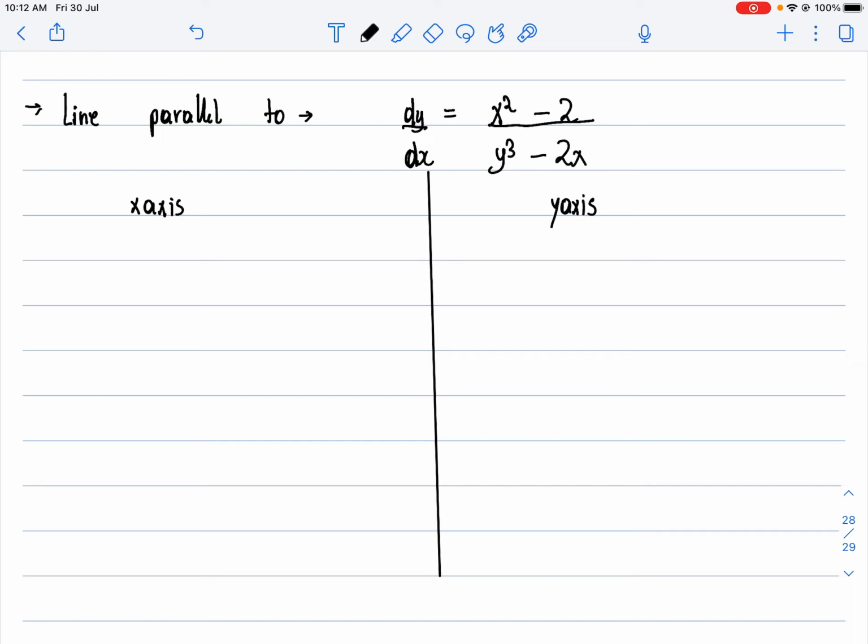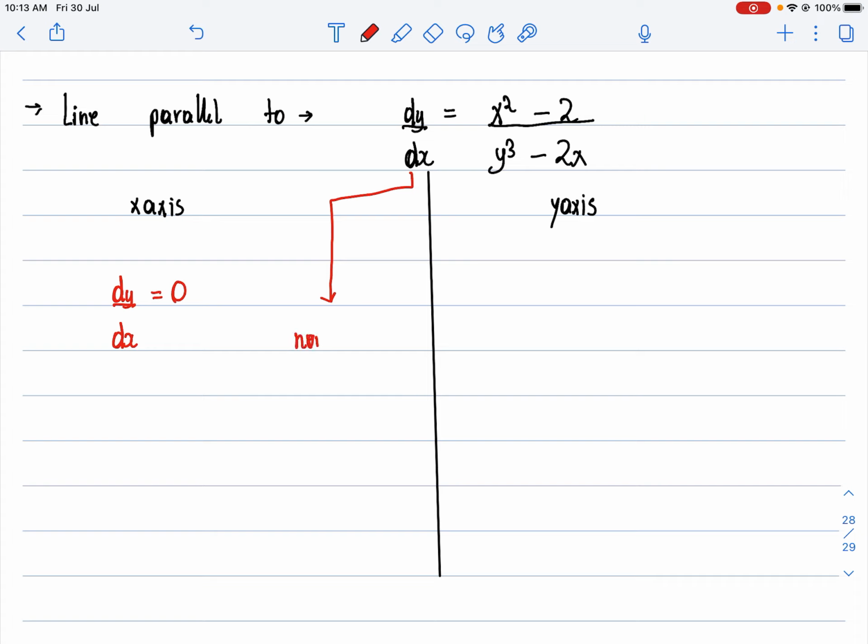This is, let's say, my dy by dx. So if they specify that the line is parallel to the x-axis, you can normally equate your dy by dx to 0. Correct?